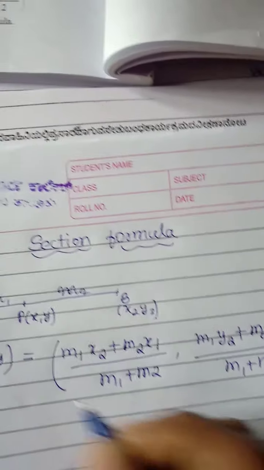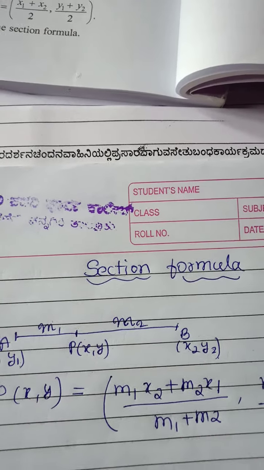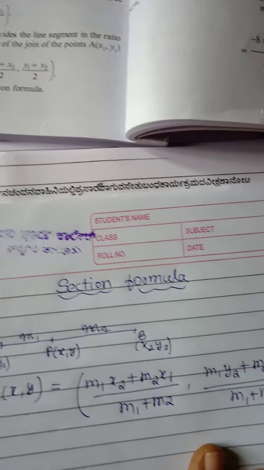These are the coordinates of the point P(x, y). This is known as the section formula.